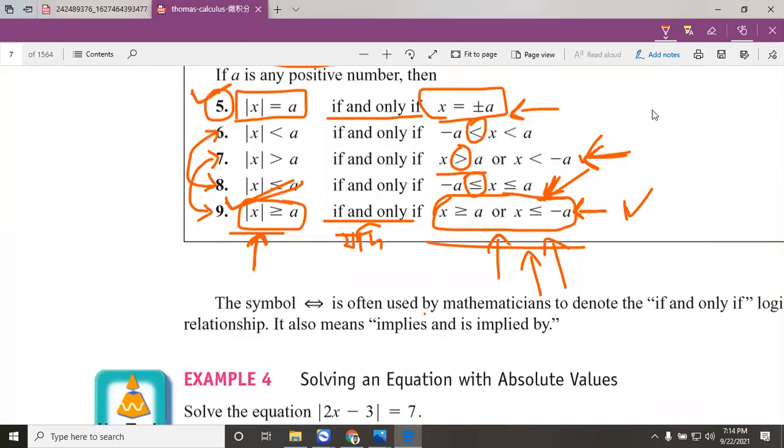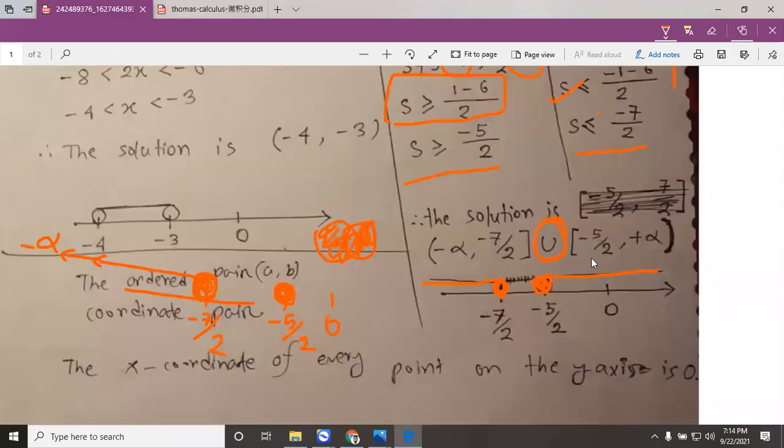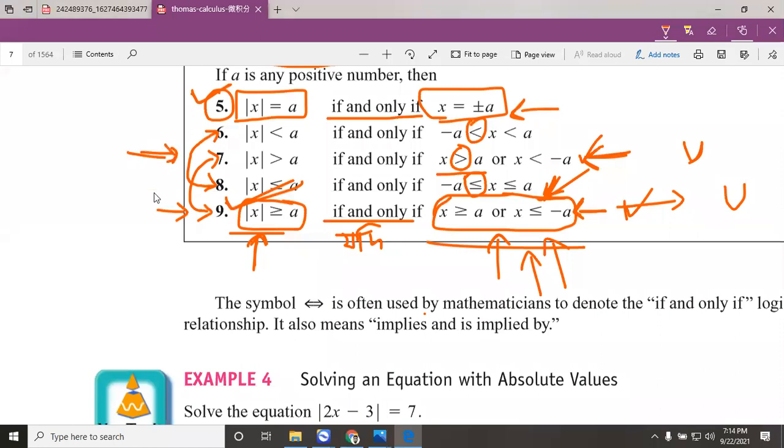So for property 9, we will use union. In our solution set, we will use union in property 9. And also in property 7, we will use union like this way. So this will go for property 7 and property 9.